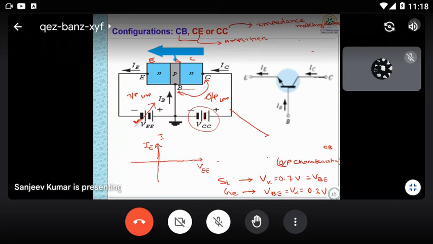For different input voltages, the behavior would look like this. The emitter current will be controlled, or will flow, based upon the input voltage you are giving. This V you can also term as VB, because this is the voltage between base and emitter.